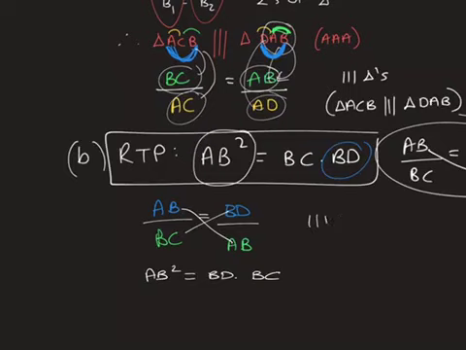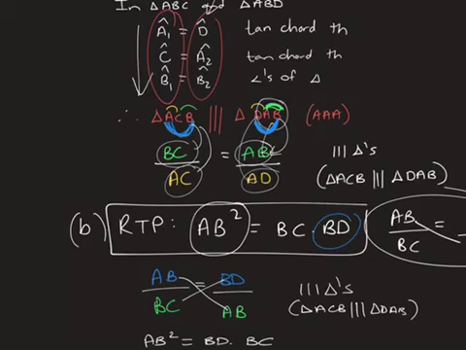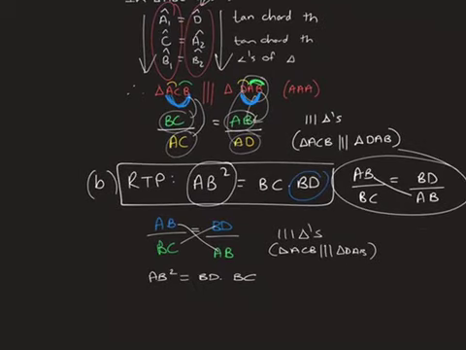And this is because we have similar triangles. Triangle ACB is similar to triangle DAB. So if your colors don't match, it means that your similarity proof was wrong. You didn't put it in the correct order here. So your loops will match, and so you will always be able to prove this combination. It's just about the right colors.